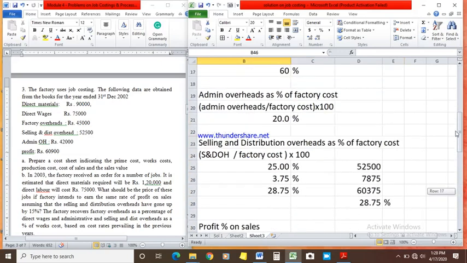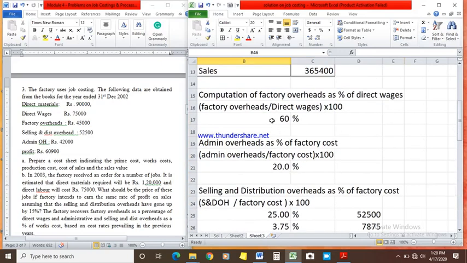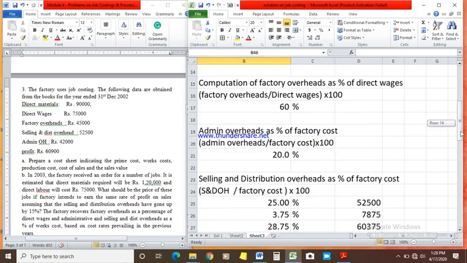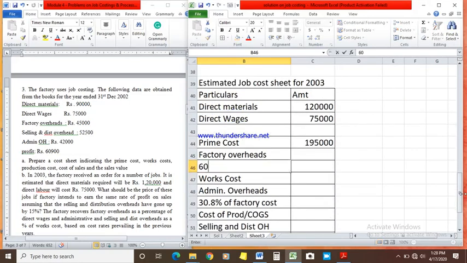Factory overheads. So the factory overhead is going to be recorded as 60% of direct wages. Addition of these two will give me works cost or factory cost. Then comes administrative overheads.